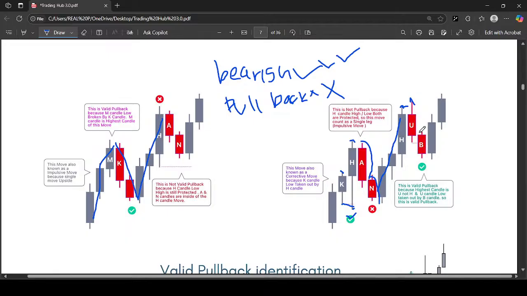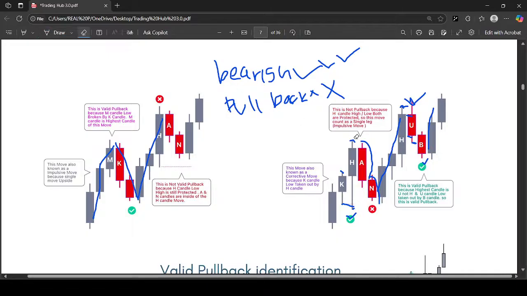Then U candle is a bearish candle. Understandable why? Because it opened high and closed lower. But B candle comes in and takes out U candle's low. So what do we have there? The low of our prominent candle has been taken. So do we have a pullback? Yes. And then price continues upward.